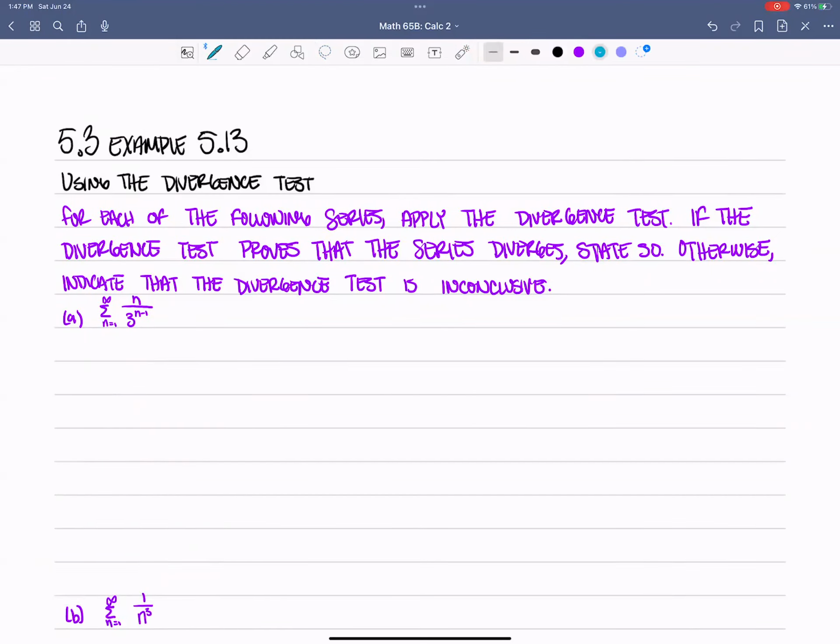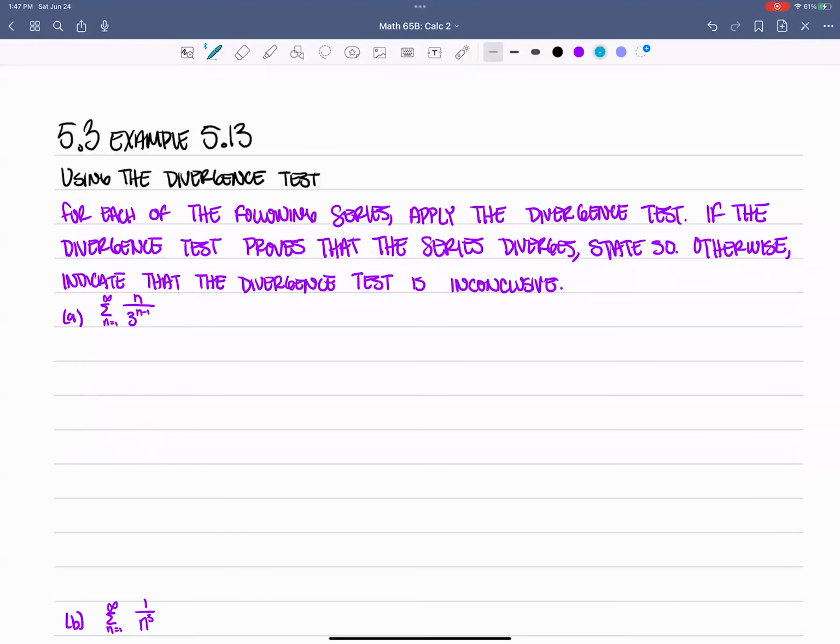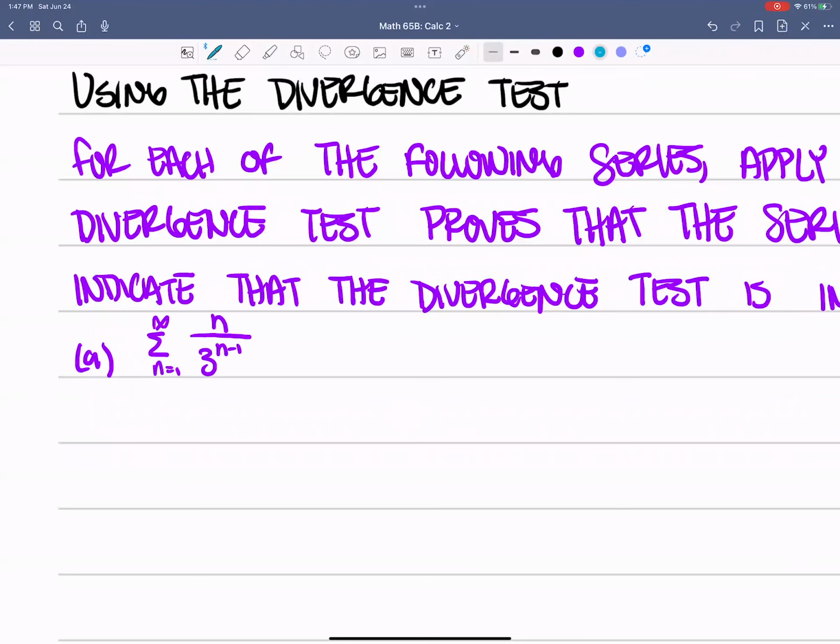So looking at this first one and applying the test. The limit as n approaches infinity of 3 to the n minus 1 over n. We apply this.